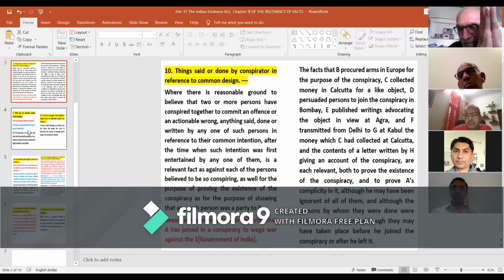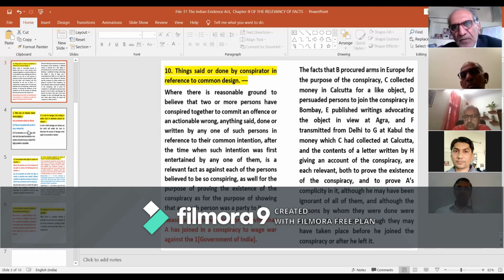So something done in secrecy is to be proved beyond all reasonable doubts, and for it, the start can be from a belief on a reasonable ground, and the same is to be in terms of act done or something written by any one of them, and that to be utilized against everybody.